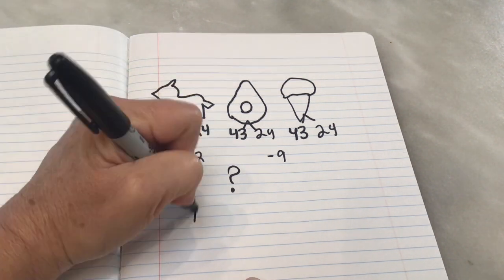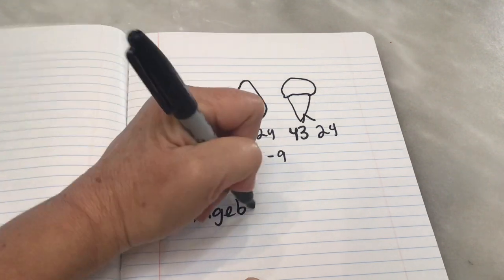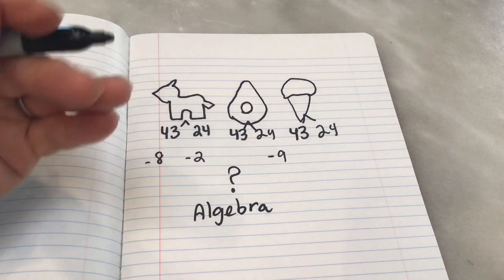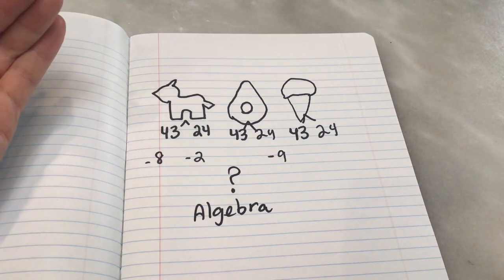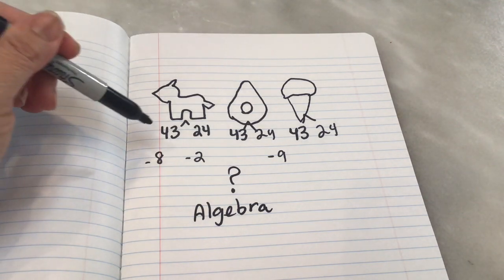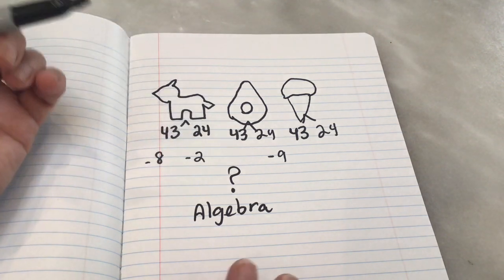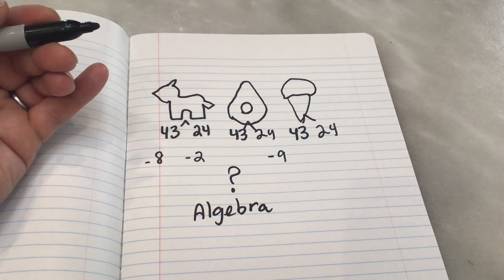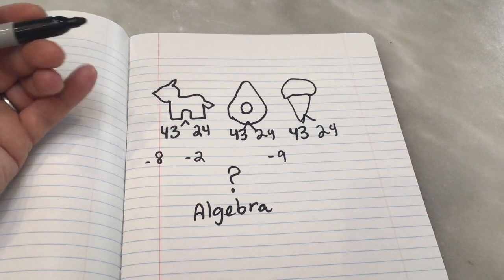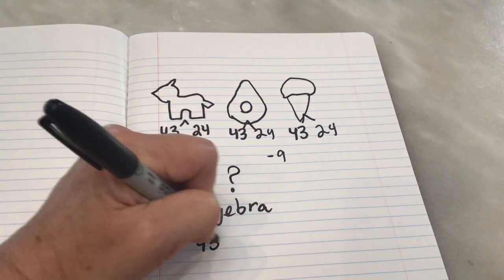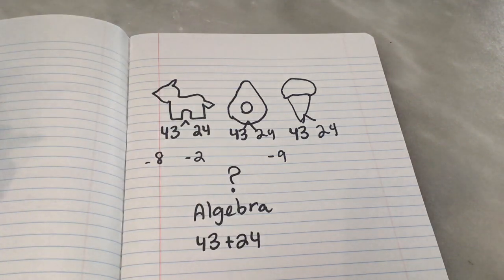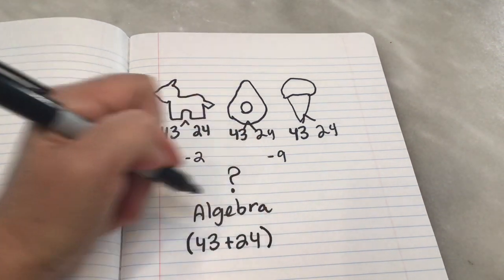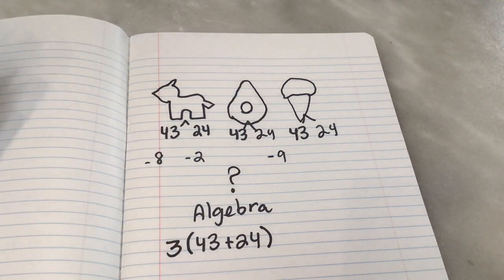All right, this is what my algebra equation would look like using PEMDAS, or order of operations. First of all, I see there's 43 plus 24. The question is how much candy and prizes are still in, so we don't need to distinguish between the two. We can just add the 43 plus the 24 to find out how much is in each piñata, and then we can use parentheses on that and multiply that 3 times.